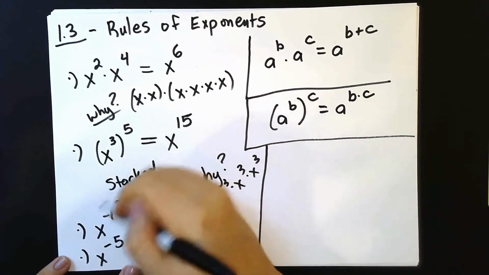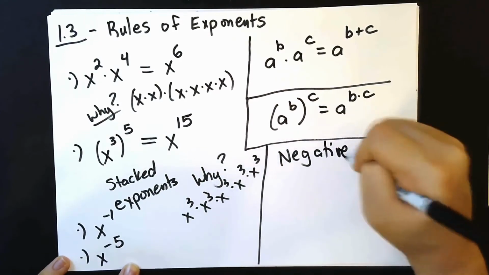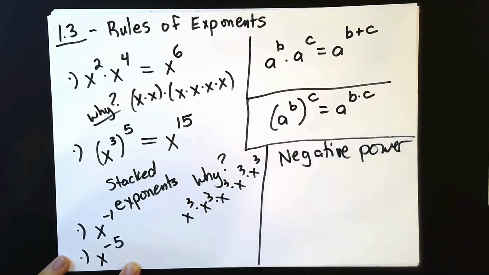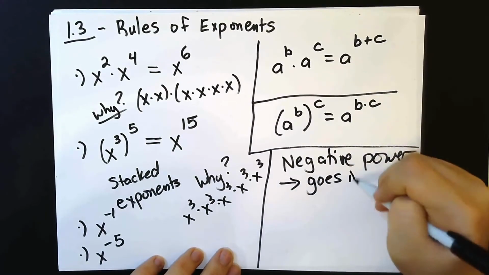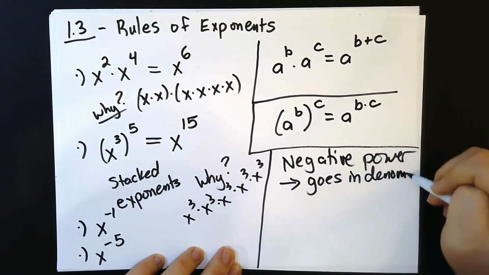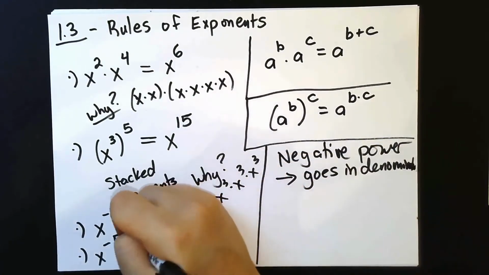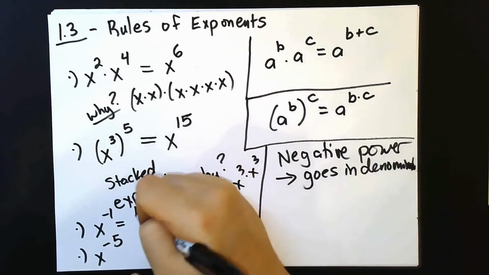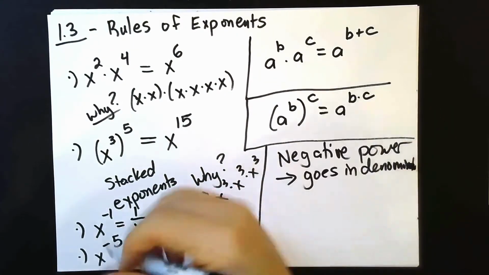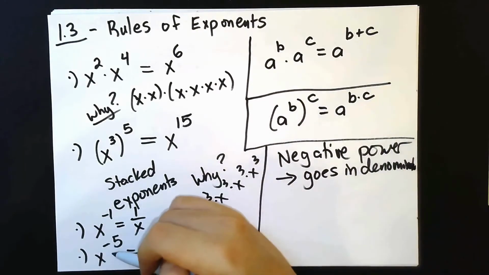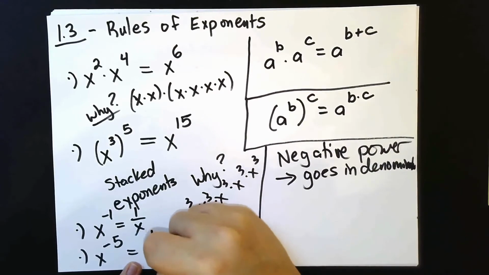And anytime you have a negative power, what that's telling you is that the thing you're looking at goes in the denominator. So for example, x to the minus 1 is 1 over x. All it does is put the x in the denominator. X to the minus 5, what it does, in fact, is to put an x to the 5th in the denominator.